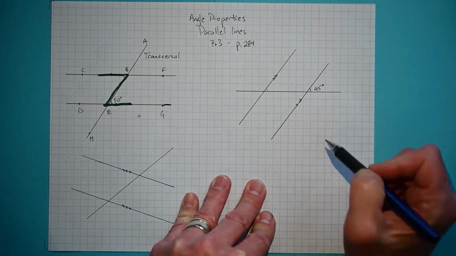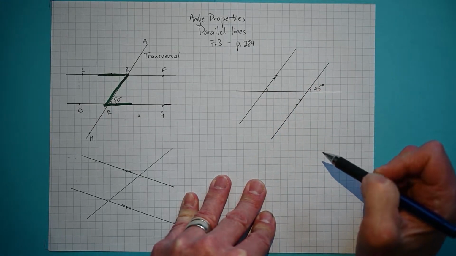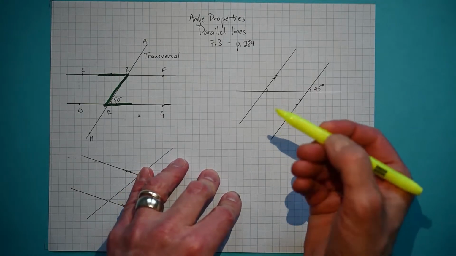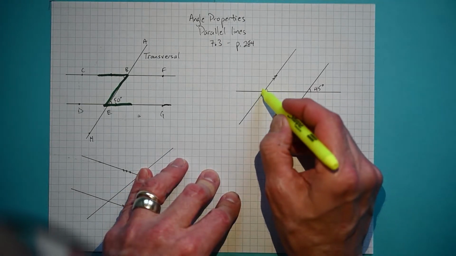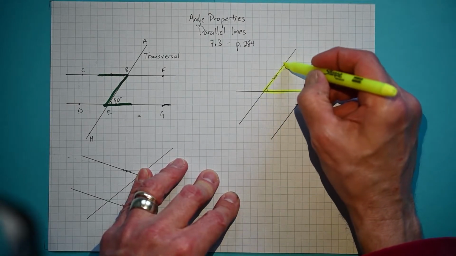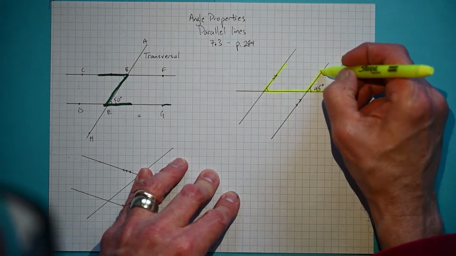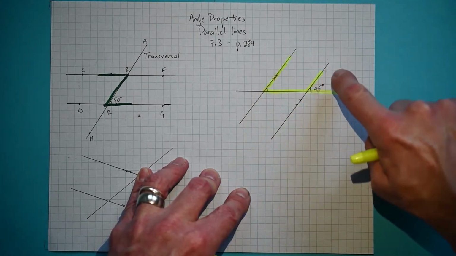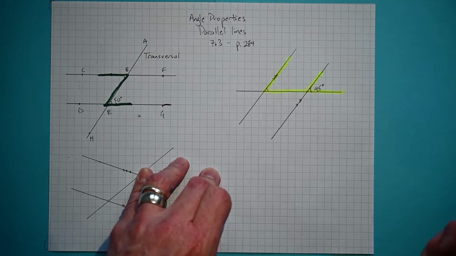Very similar to the one we have on this side. Now, this is sometimes called the F pattern, and I'll show you why that is. You need to use your imagination a little bit, but we're going to draw, hopefully, what appears at least a little bit like a capital F that's fallen over. So the F right here, and it's fallen over on its side.